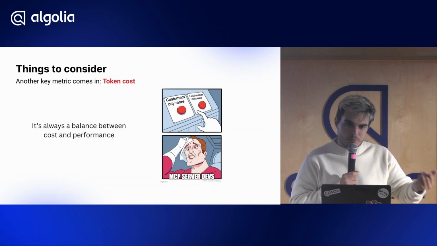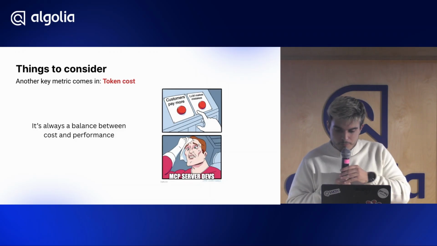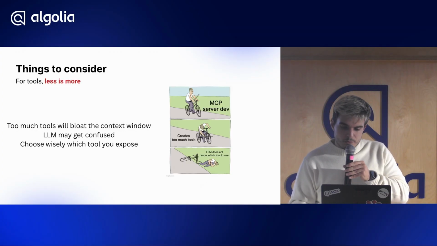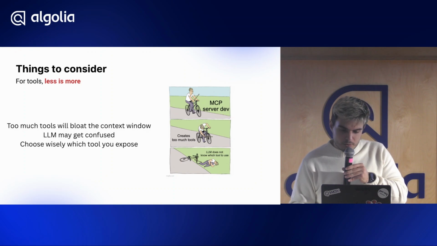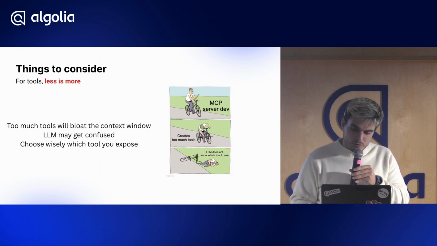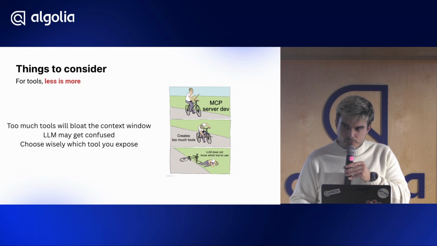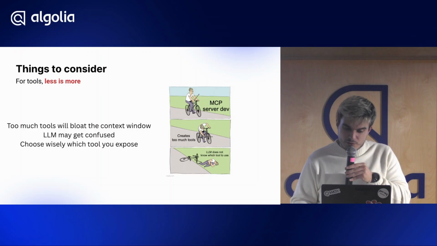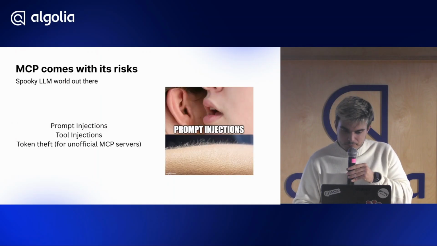That's not something that happens with API requests. So yeah, that's something you have to watch for. And also for tools, less is more. Too many tools will bloat the context window of the client, and LLMs may be confused. If you have two similar tools, maybe it will use one tool at some point, maybe another one, and if the description is not good, it won't know what to do.